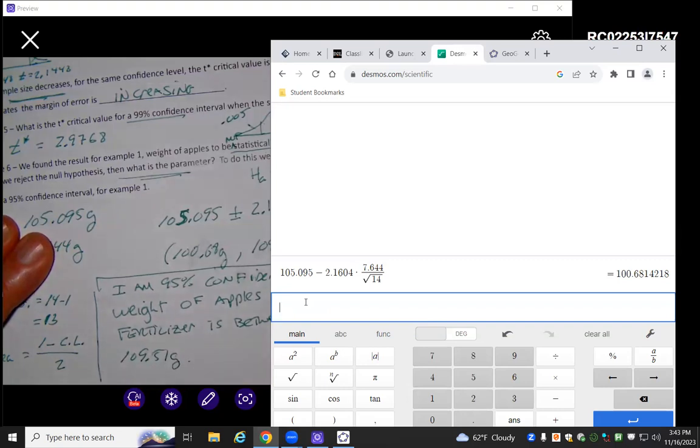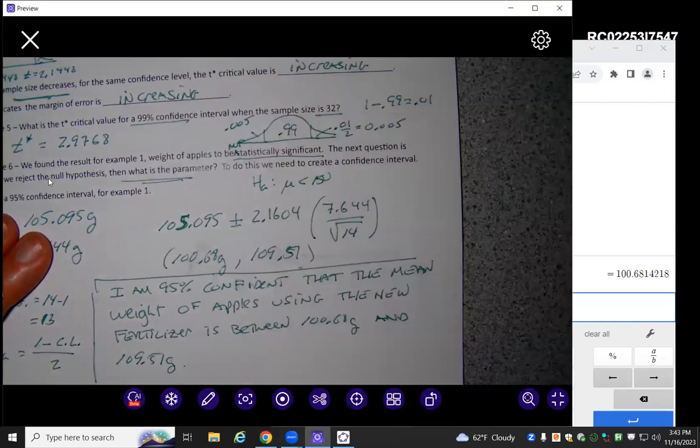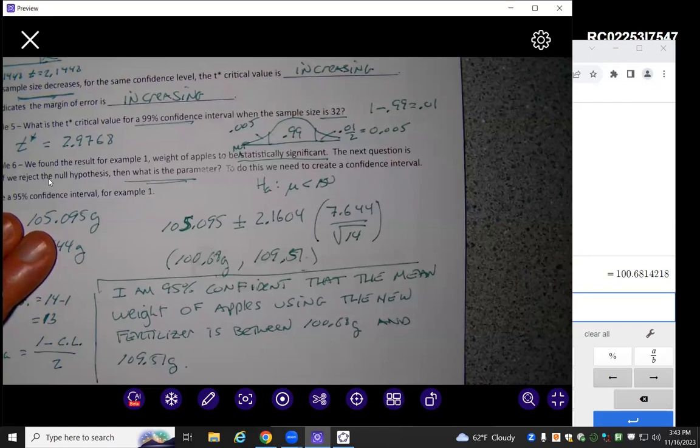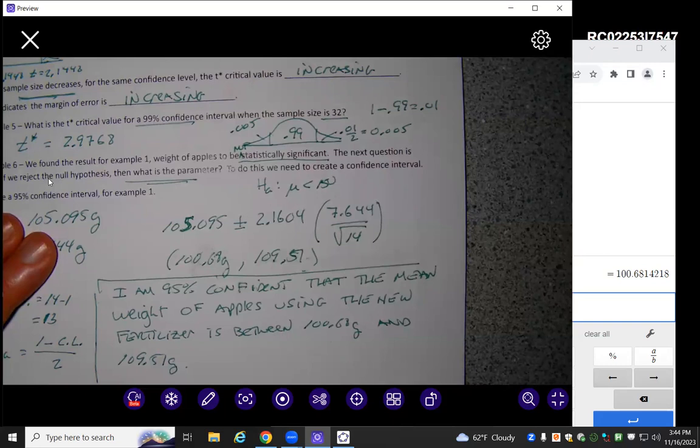So obviously we'll never know what this parameter weight is, what the real weight is, but it gives us an idea that it is somewhere between those two values. In either case, the fertilizer did not do what we thought it was going to do.